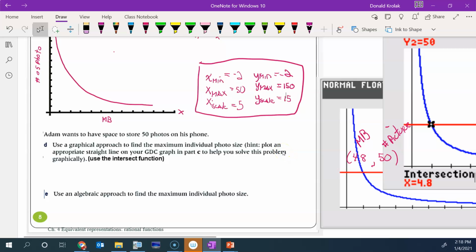Okay, and I'll just write in here the last part and then you can finish it. To solve this graphically, you're going to find the intersection of these two graphs. It says, what size picture will allow him to save 50 photos? Photos are Y's, so my second equation is going to be y2 equals 50. Okay, find the intersection.